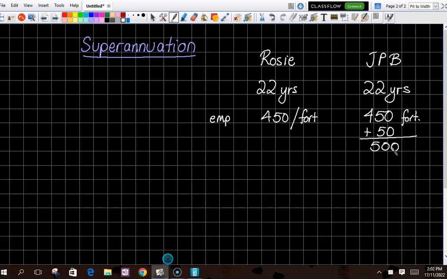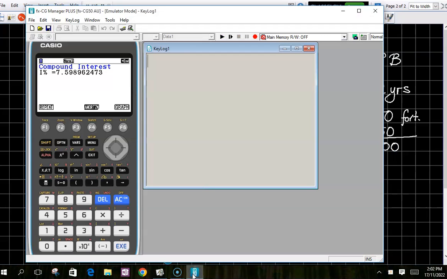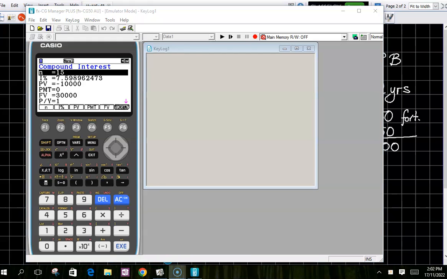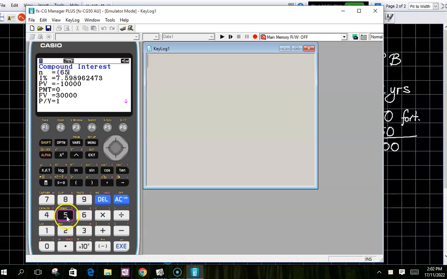Let's have a look at the difference. Okay, so we are retiring at 65. I'm hoping to retire a bit earlier, but anyway. That's when we started. Did I say 21? I said 22.